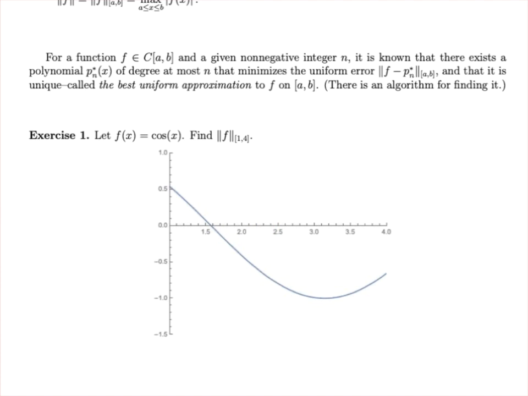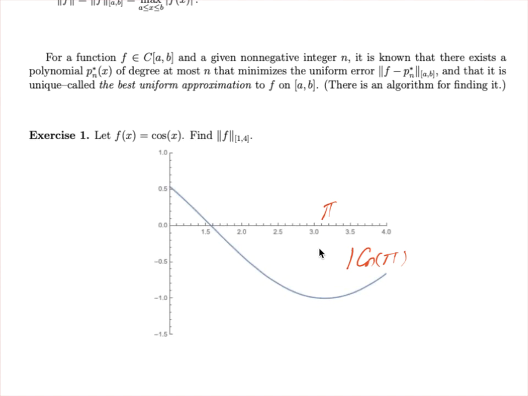And the biggest deviation will occur here, I believe. And that's where the absolute value of cosine of pi, I mean, we know it's pi.